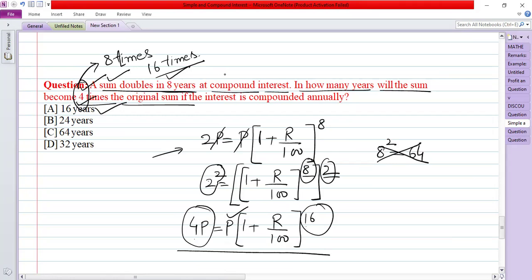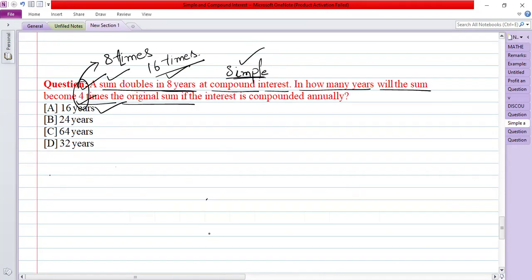If in the same question, interest is say simple interest, then what will be the answer? If interest is simple interest, then the initial amount P becomes double, 2P, in how many years? In 8 years.